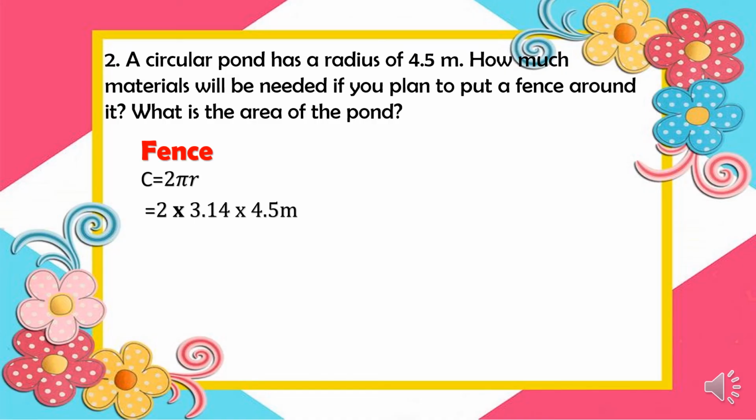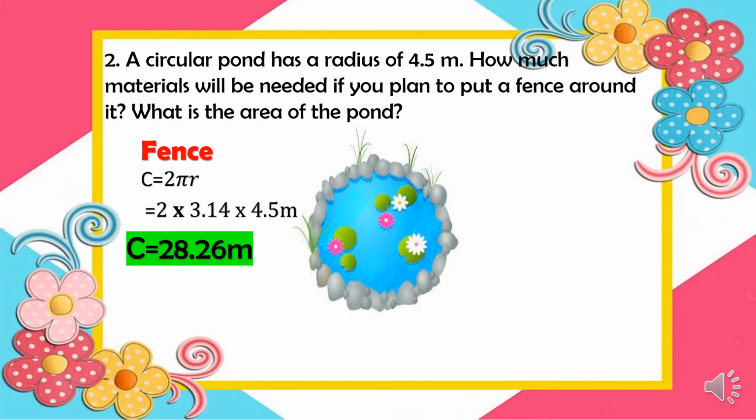So when we substitute, 2 times 3.14 times the radius of the circular pond, which is 4.5 meters, the circumference of the circular pond is 28.26 meter.